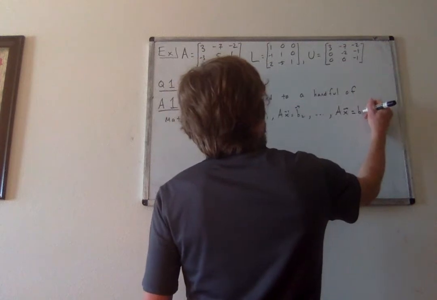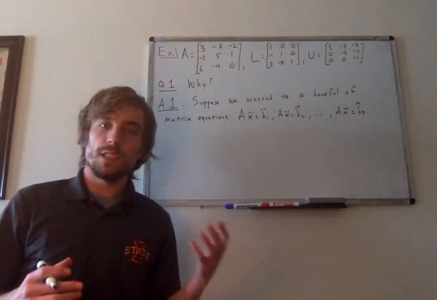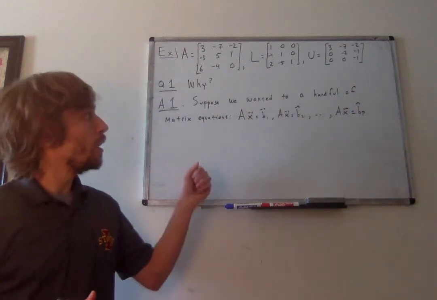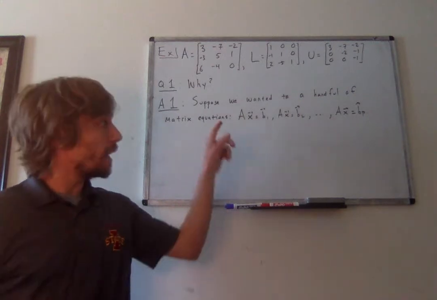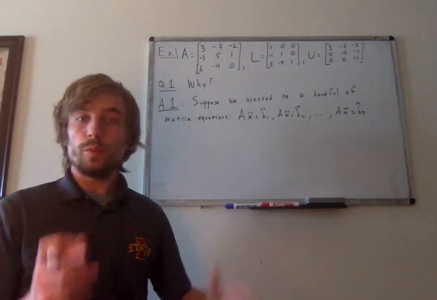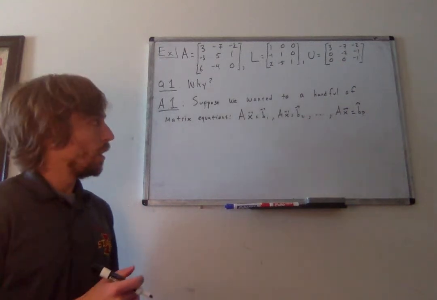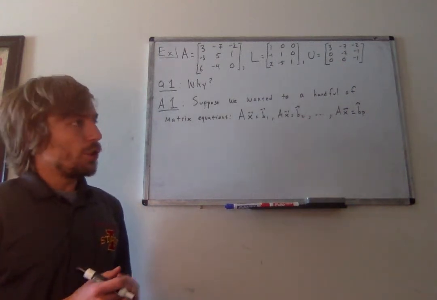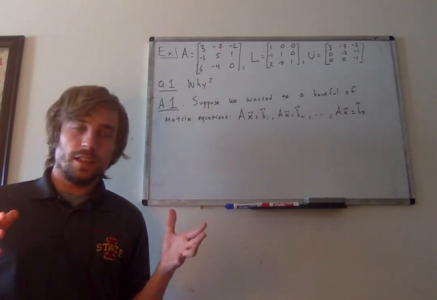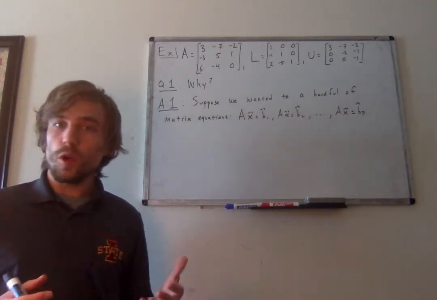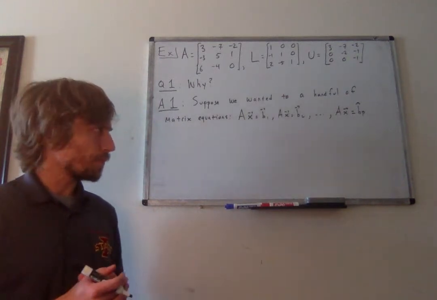Now, we've of course gone over many ways of doing this so far. We can set up an augmented matrix and row reduce. If A is invertible, we can calculate the inverse of A and solve all these by multiplying both sides of each equation by A inverse. The first way, row reducing each time, is very lengthy. We have to do many row operations and keep track of a lot of numbers.